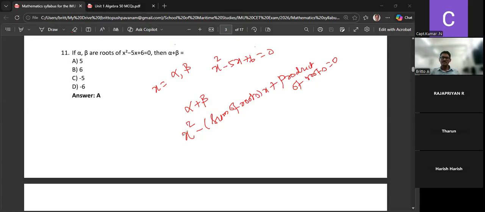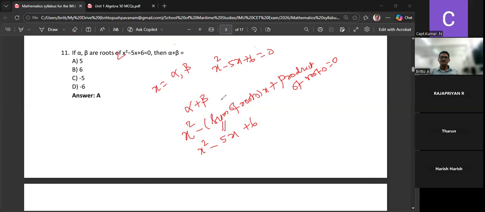It's very important that the coefficient of x squared should be 1. Suppose you have some other number, like 2x squared, then you should divide by 2 and rewrite the equation like this. Now look at the equation, x squared minus 5x plus 6. Here we have the roots alpha and beta.